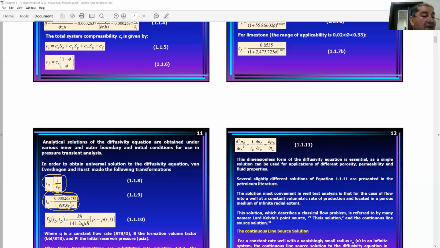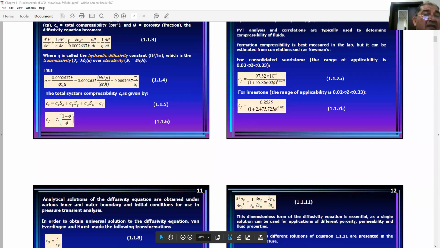This is the part of the reference time, that is 0.002637 k divided by φ μ c_t r_w squared. Where is it taken from? If you go back to the diffusivity equation, you're going to find this part comes from this part here, from equation 113. Of course, I'm talking about the reciprocal of the term in 113.